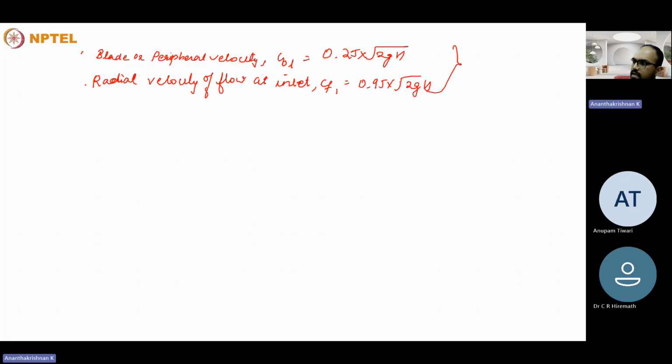So these two components are already given in this problem. The wheel speed is given as 150 RPM. The discharge is purely radial at the outlet, so CW2 will be equal to 0 and CF2 will be equal to C2. I'm just noting down the things which are given in the problem.